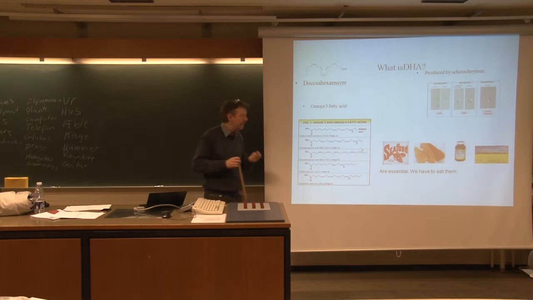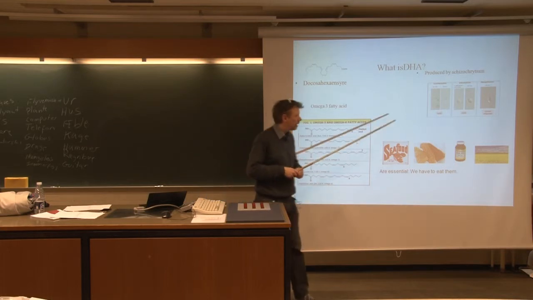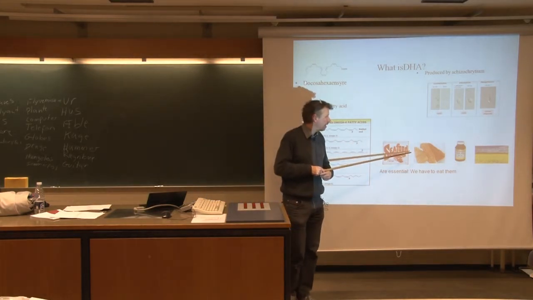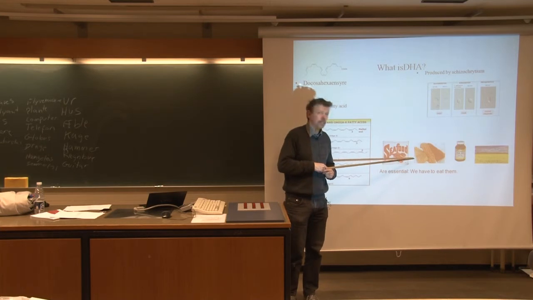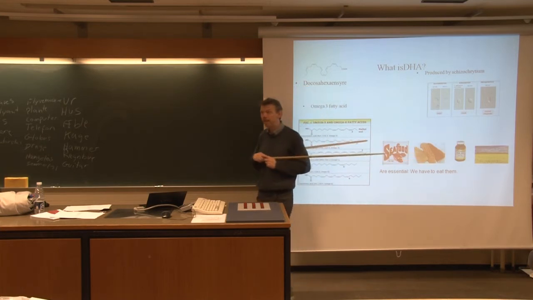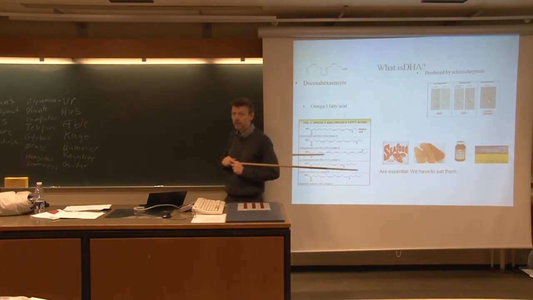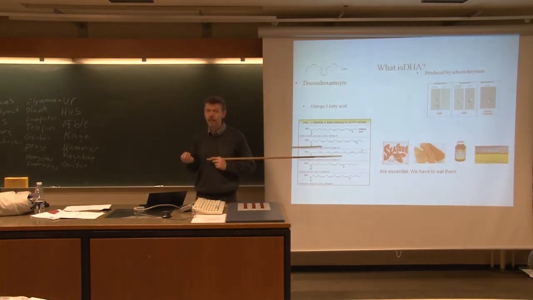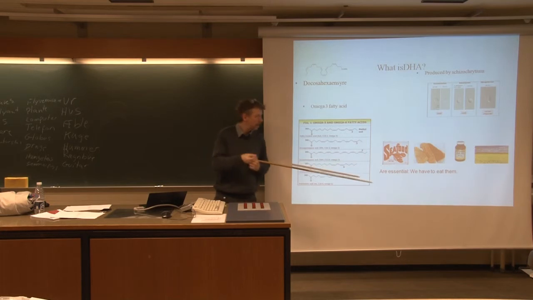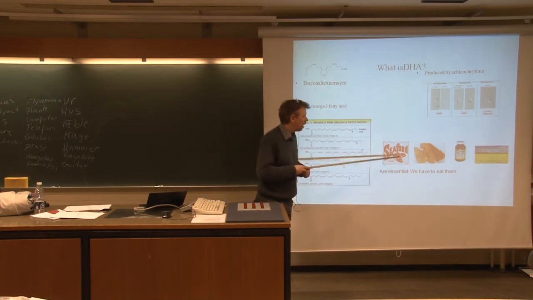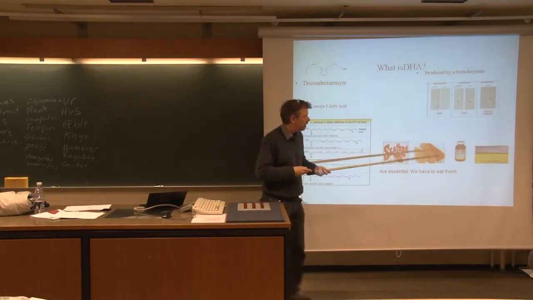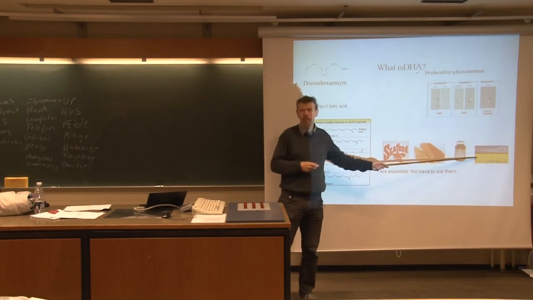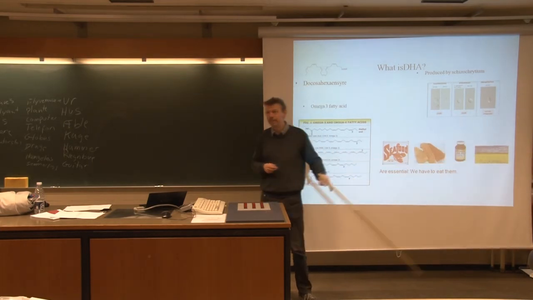So we need to eat it in order to get it into our brain. The main source that we have for DHA is fish. It's hardly found in any other substances, which means that if we don't eat DHA, we won't get the substrates for the nerve cells. There's a little bit, and I don't know, what is it called? Rapeseed?